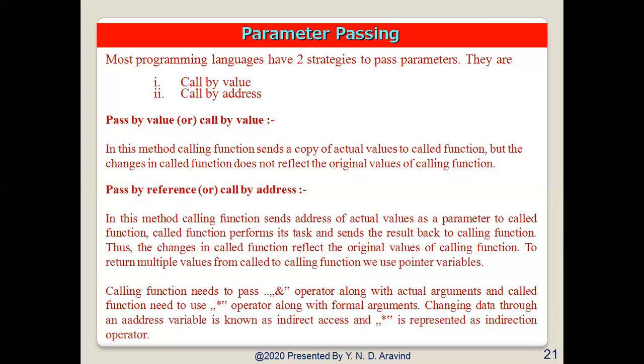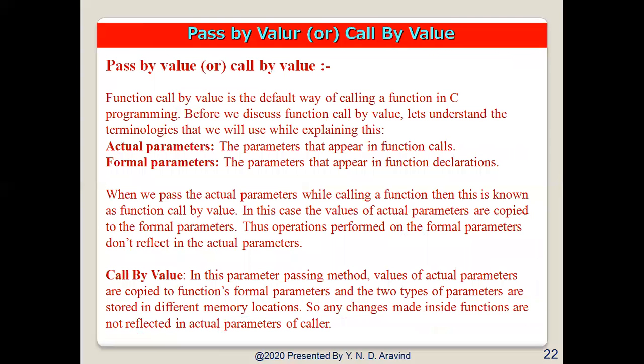Now let us see what call by value is. The default mechanism of parameter passing is call by value. Call by value does not change the content of the argument variables in the calling function, even if they are changed in the called function, because the content of the actual parameters in the caller is copied to the formal parameters in the called function. The formal parameters are stored in a local data area of the called function.